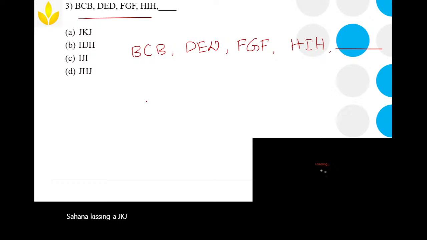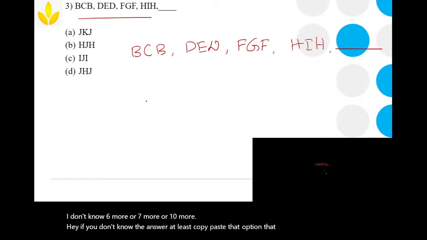Others? Rinky, J, K, J. Good. Pavitra, A. Good, Pavitra. Yes, only 3. 6 more. I don't know, 6 more or 7 more or 10 more. Hey, if you don't know the answer, at least copy paste that option that they are sending, send it.